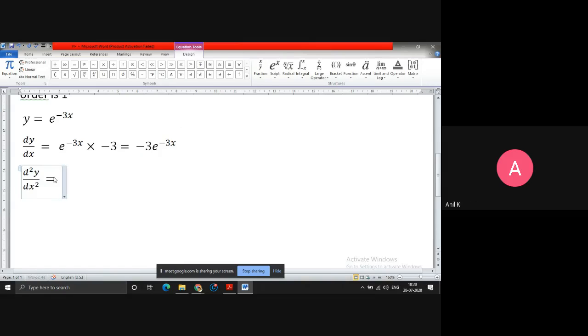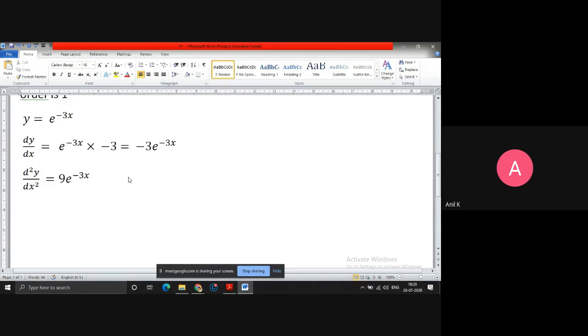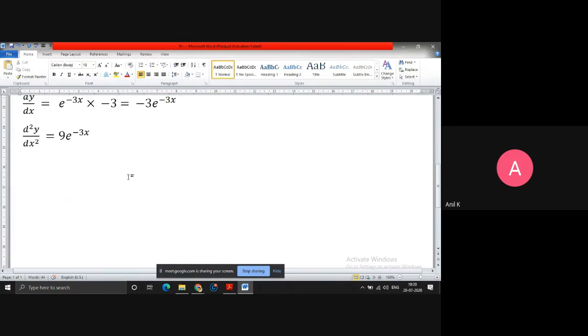So minus 9 e power minus 3x. Minus won't be there, because minus into minus becomes plus. Yes, plus 9 e to the power of minus 3x. Perfect. Because the second time also minus will come, so minus into minus will be plus.